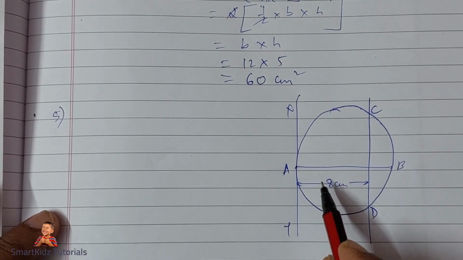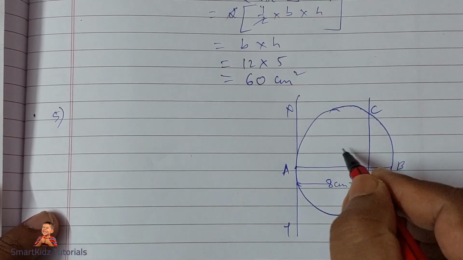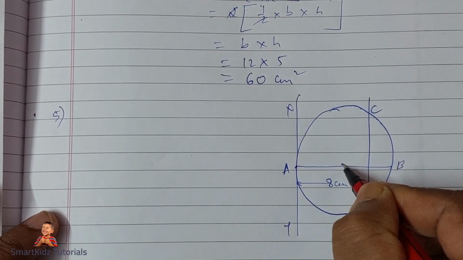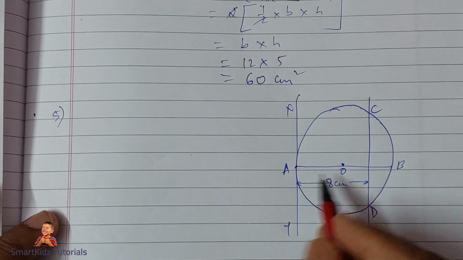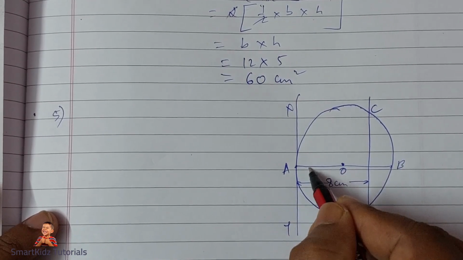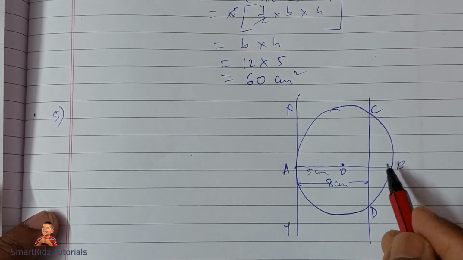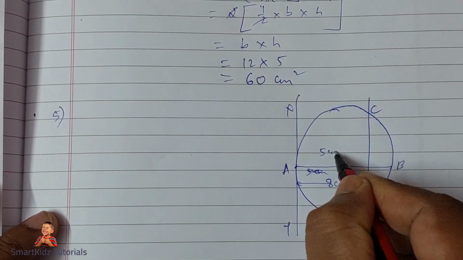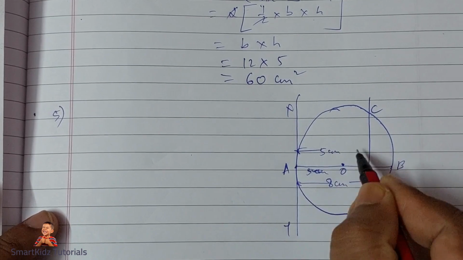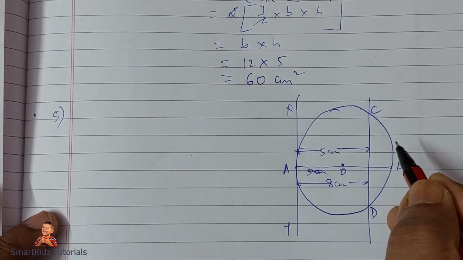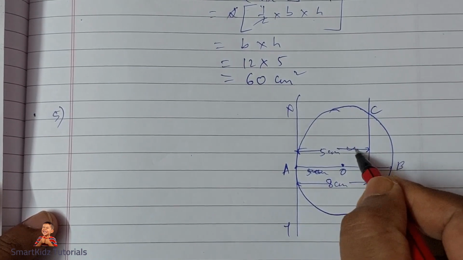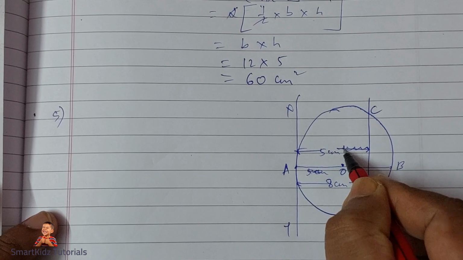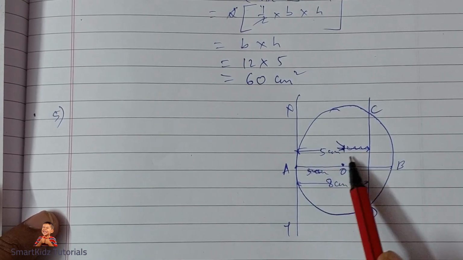Then we are also told that this is the center O and the radius is 5 centimeters. So this is 5 centimeters, from here to here.